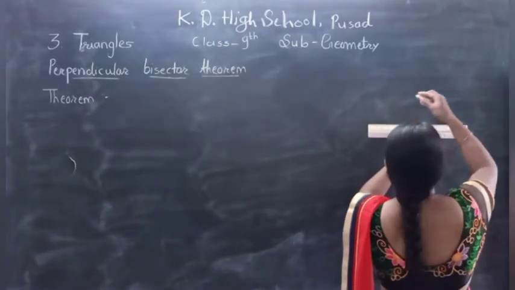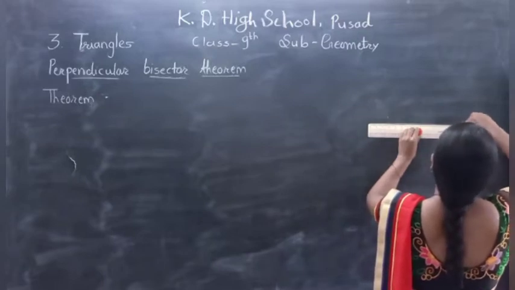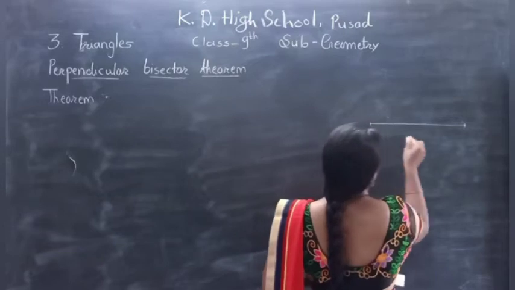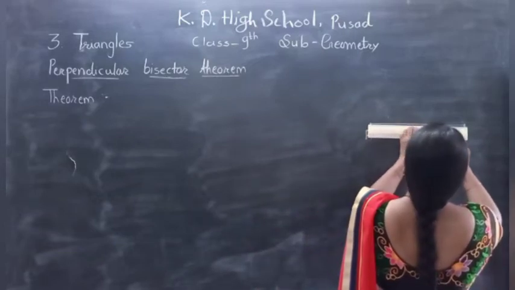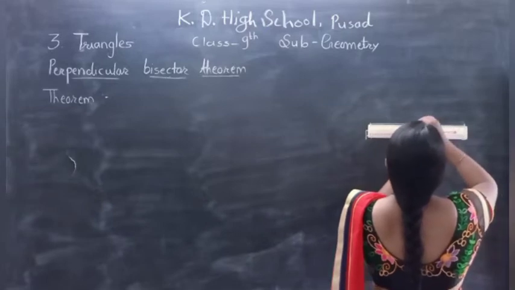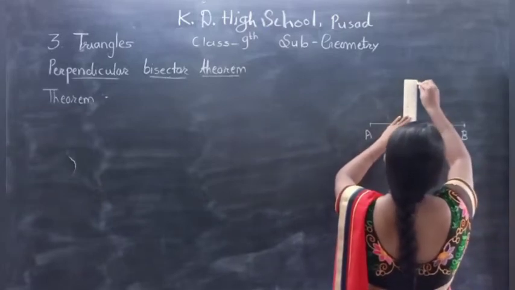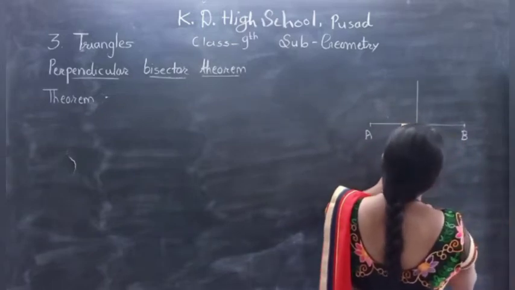Here the segment AB, now line L is the perpendicular bisector of segment AB.